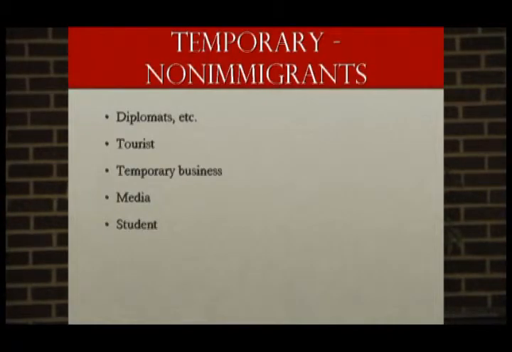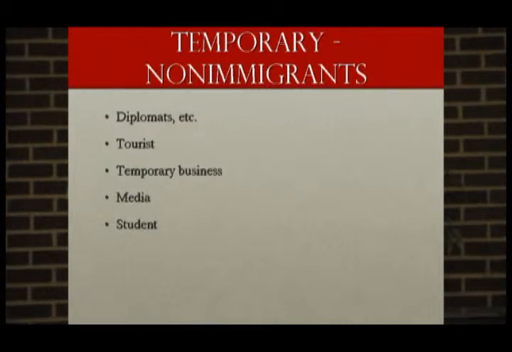That's not so you can come in and work temporarily. Temporary business is like a business meeting: you already have a job and you're coming in to perform some action within the United States. There's one for media, and then student, the most popular one. So those are examples.